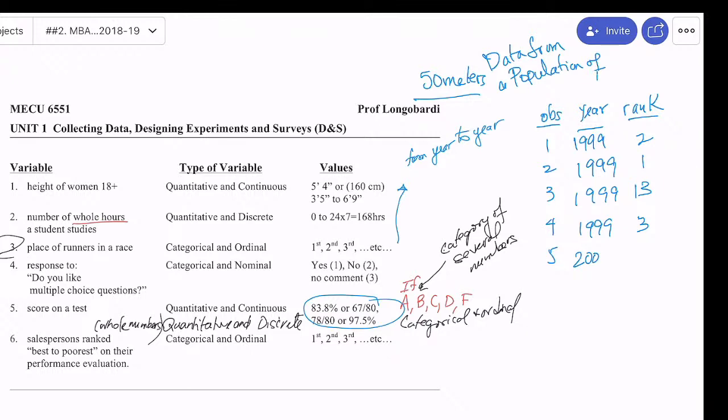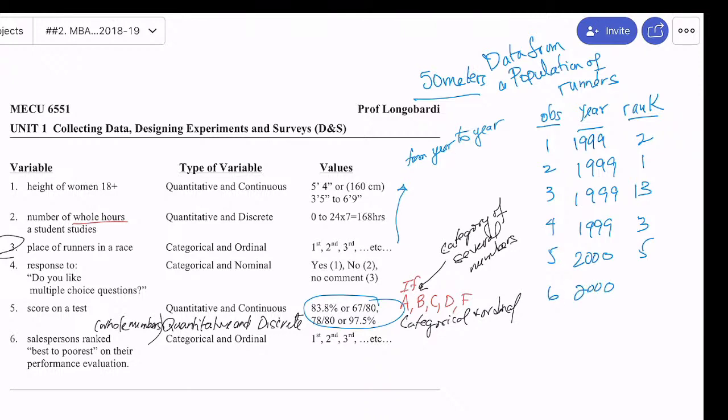So this is data from a population of runners. I have all this information over years in some race, in some tournament, or track and field tournament.